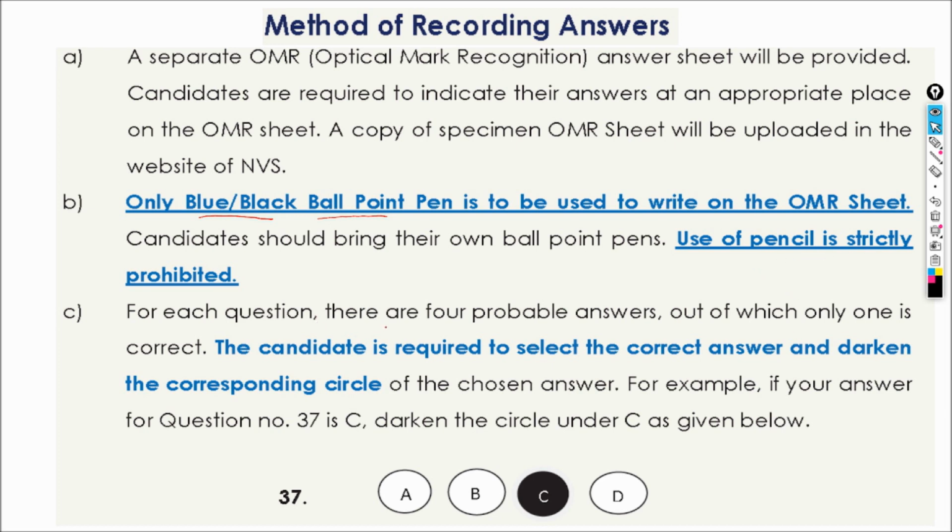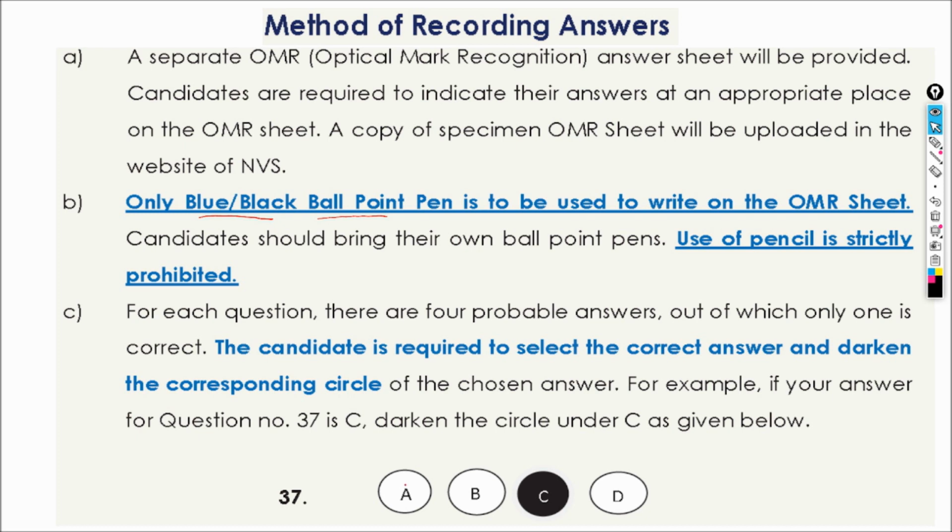For each question there are 4 probable answers, out of which only one is correct. The candidate is required to select the correct answer and darken the corresponding circle of the chosen answer. For example, if your answer for question number 37 is C, darken the circle under C as given below. See here, dear students, suppose every question has 4 probable answers.